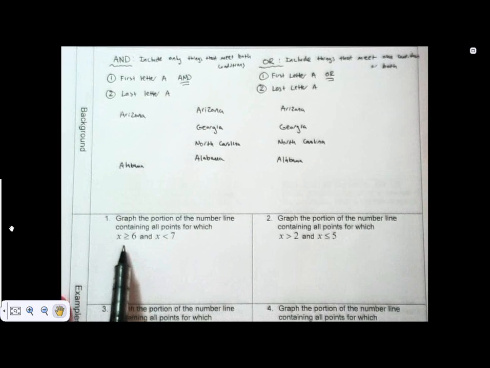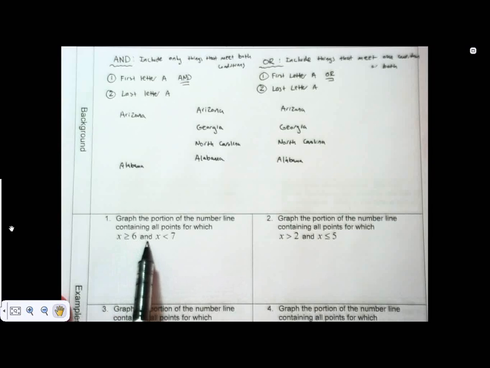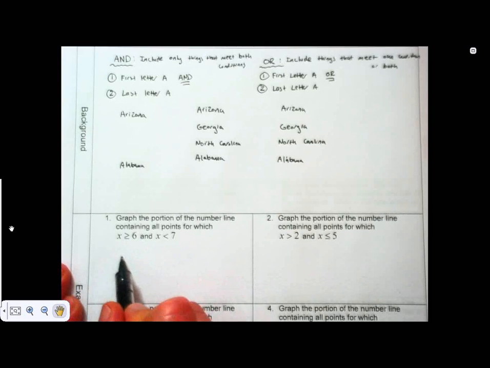Okay, let's see how that might apply to problems 1 through 4. In problems 1 through 4, we're supposed to graph the portion of the number line containing all points for which, in number 1's case, x is greater than or equal to 6 and x is less than 7. The first step in the process is to graph out each inequality separately.